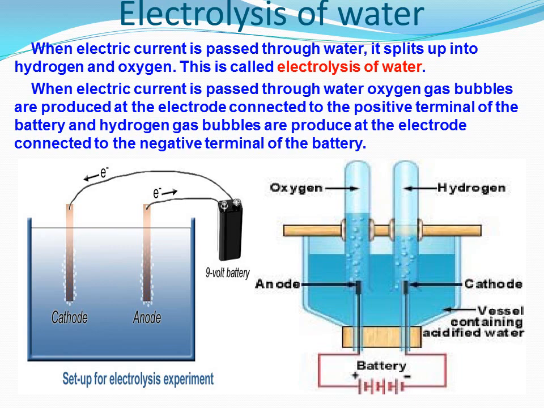When electric current is passed through water, oxygen gas bubbles are produced at the electrode connected to the positive terminal of the battery, whereas hydrogen gas bubbles are produced at the electrode connected to the negative terminal of the battery.